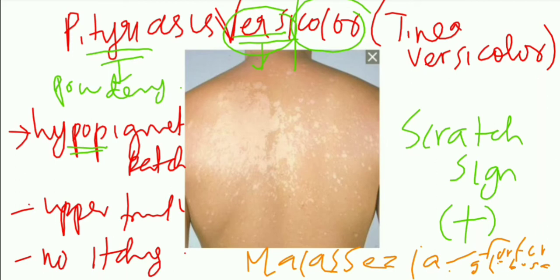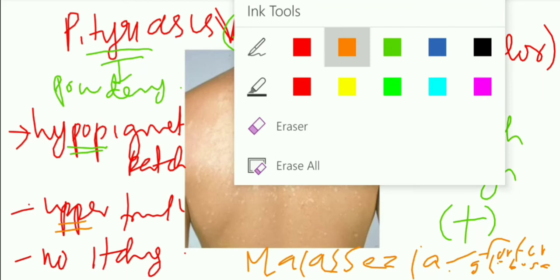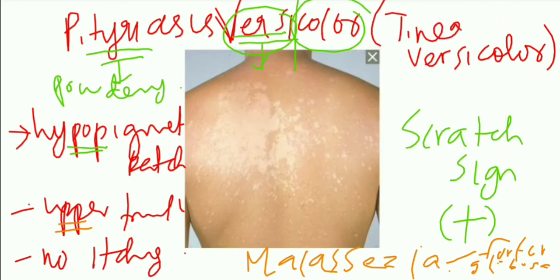Now the next question: upper trunk. In our question it was the upper trunk. Why the upper trunk? What is the reason? The most common site of infection by Malassezia species is the upper trunk, because this fungus is a lipophilic fungus.